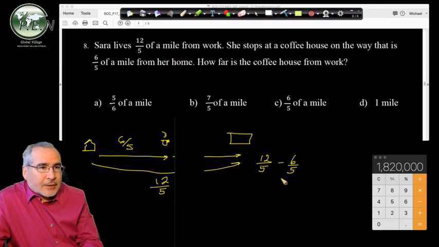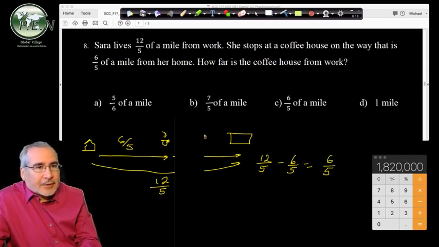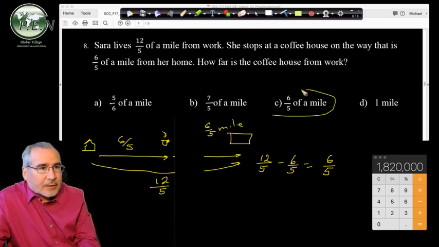And they were nice to us this time because they gave us a common denominator. We don't have to get that, so it's just 12 minus 6, which is 6/5. So this side here also is 6/5 of a mile. Six-fifths of a mile. Option C, right there.